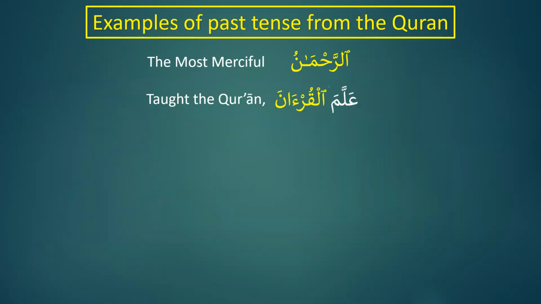So it starts with A'udhu billahi minash shaitanir rajim. Ar-Rahman, generally we stop, so that's why we say Ar-Rahman, so it will be Ar-Rahmanu Allama al-Qur'ana. So the reason why I had to bring it over here, because now it's understood that it refers to Allah subhanahu wa ta'ala. That's why the translators, they did not put he over here.